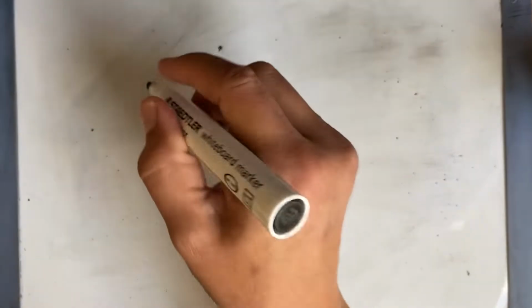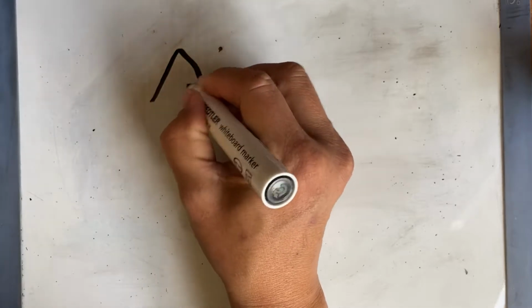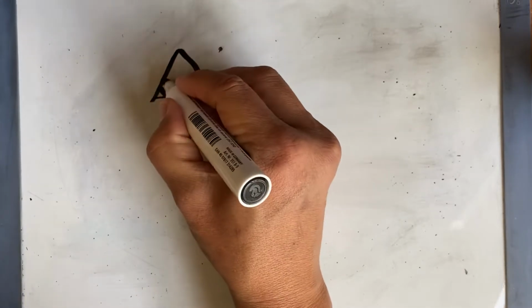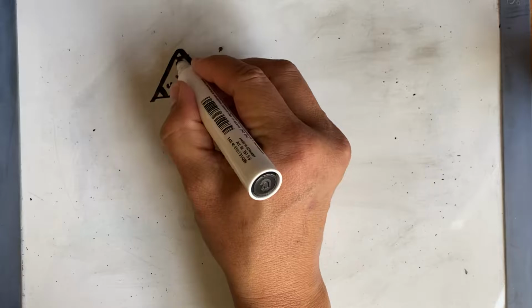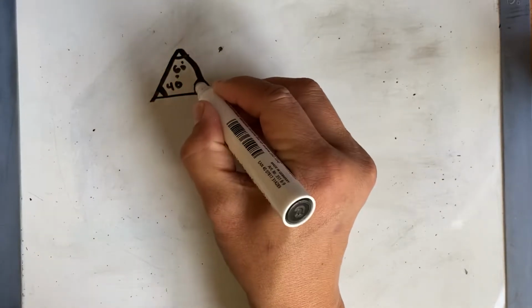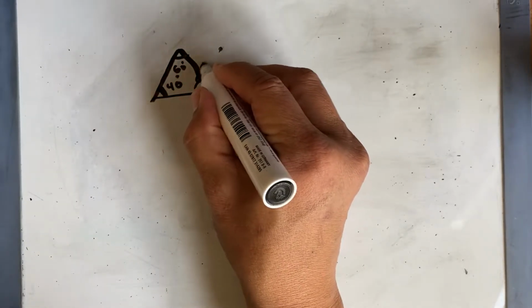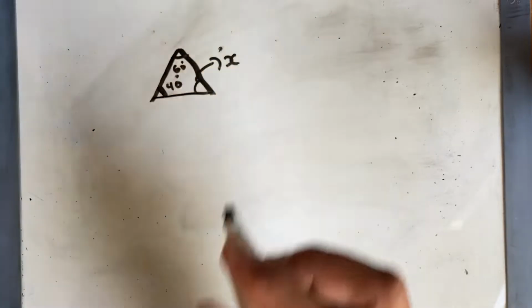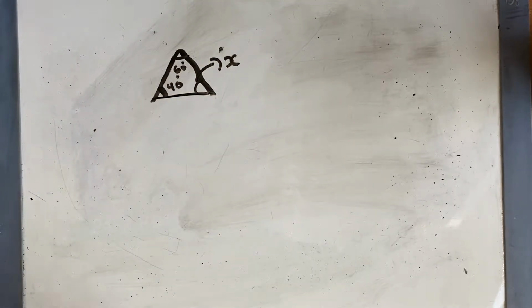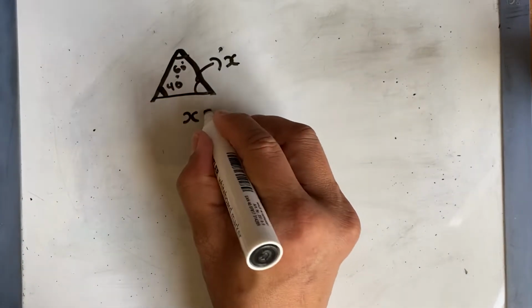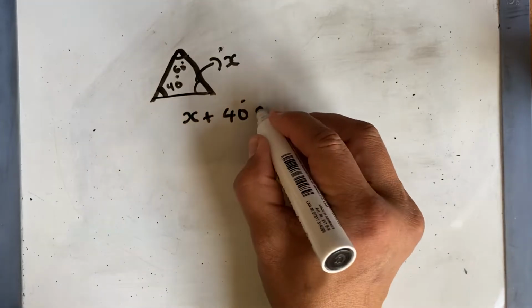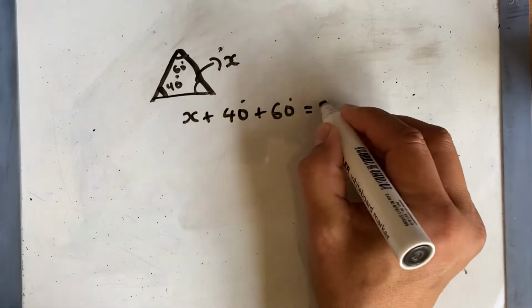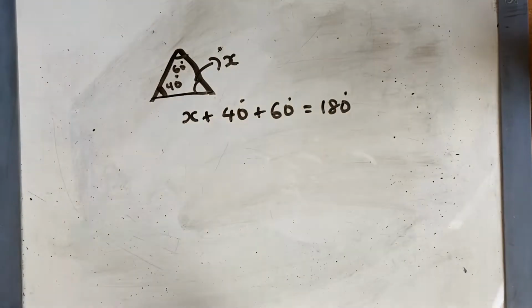We shall look at an example now. If I have a triangle and that is 40 degrees, that is 60 degrees, and I want to find angle X, how do I find it? You always have the working, the theorem, and the answer. The working is X plus 40 degrees plus 60 degrees must add up to 180 degrees.